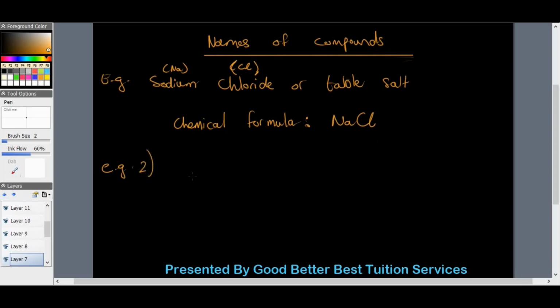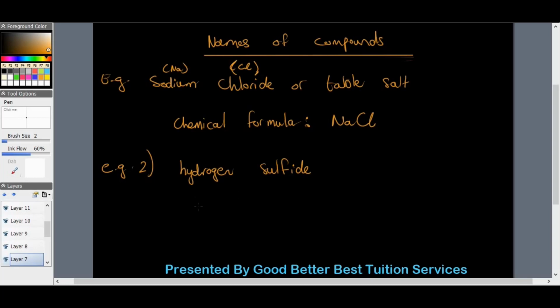Example 2. Let's take hydrogen sulfide. Now we know sulfide obviously relates to one element on the periodic table, which is sulfur.